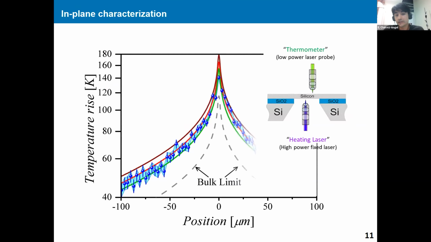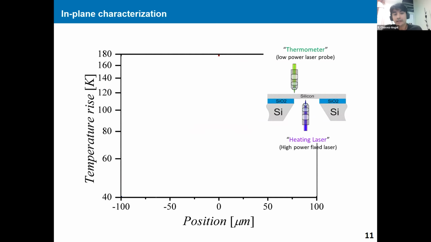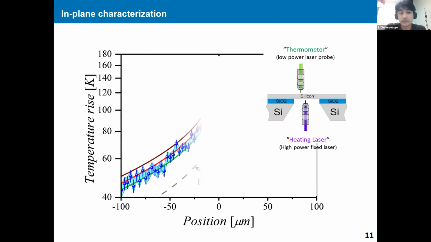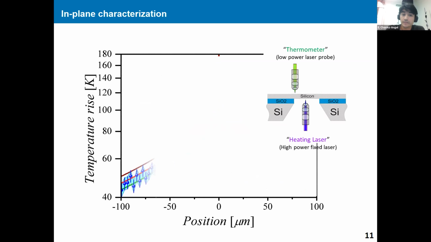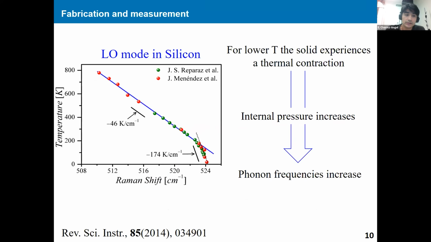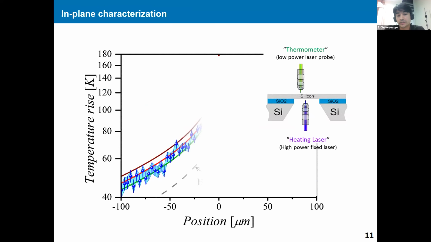This is an example of silicon. It's a very old sample, but I always use it as an example. In this case, the hot spot is generated by this blue laser, which is fixed below the membrane. And on top, we are measuring just the Raman. But as we know the peak position dependence with temperature of the Raman signal, we translate that to temperature rise.